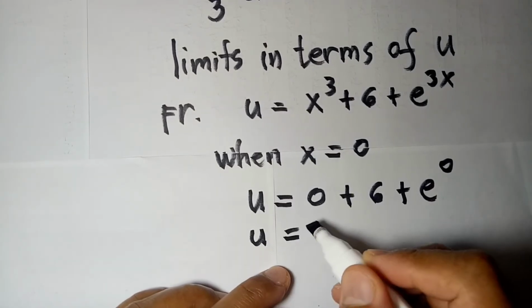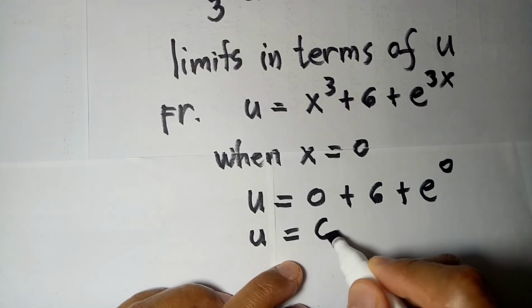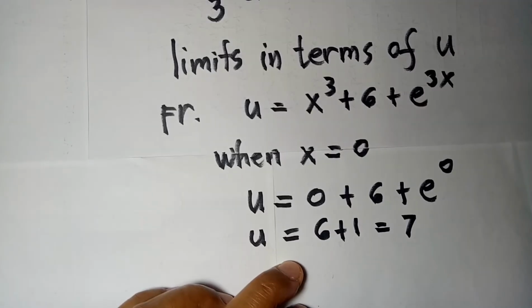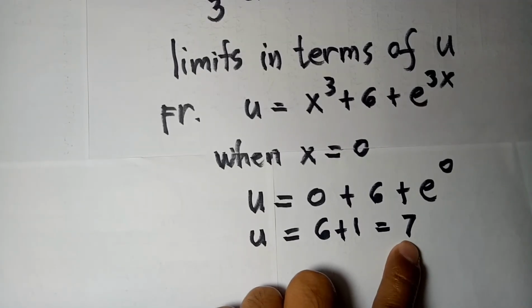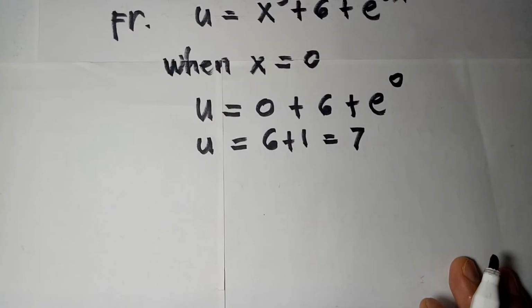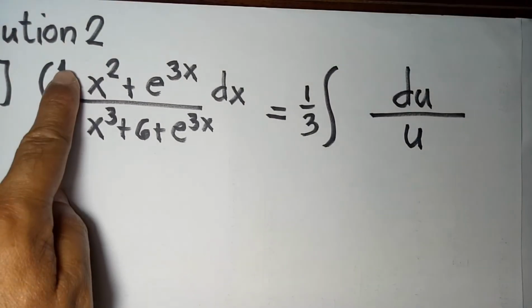So we will have u equals 6 plus 1, no? 6 plus 1 equals 7. So, ito yung ating lower limit in terms of u. Equals sa 7.